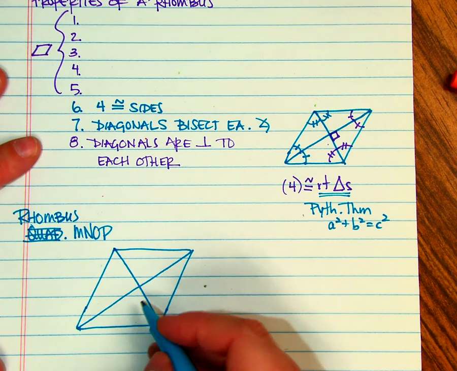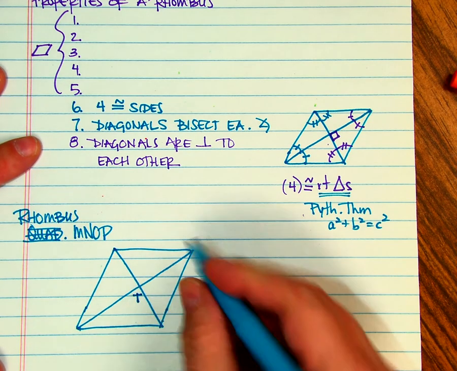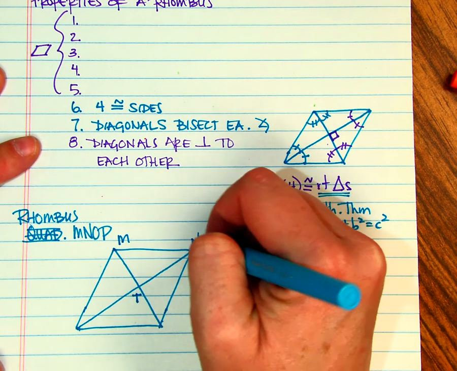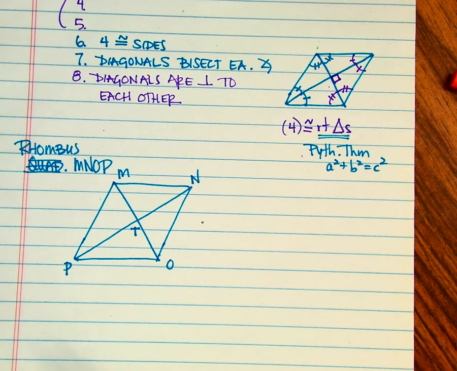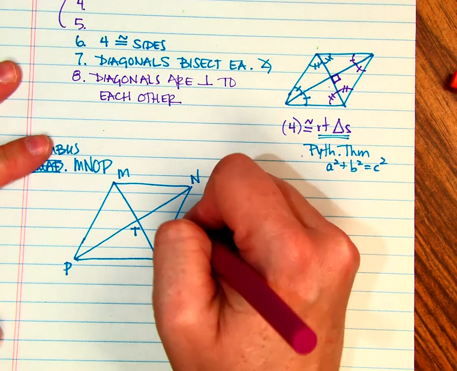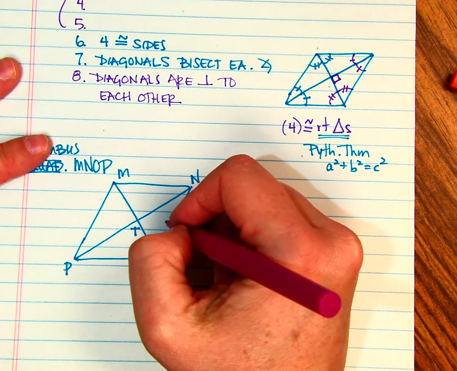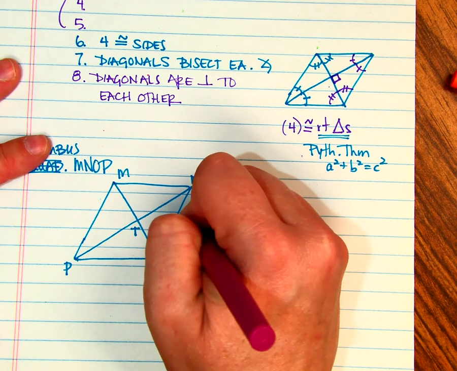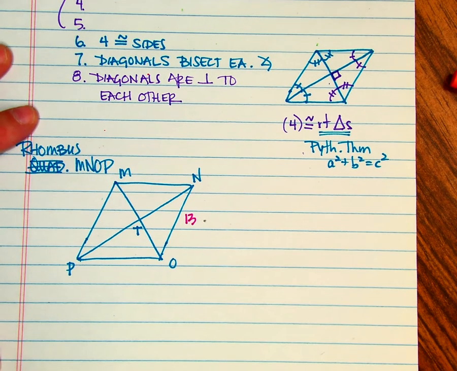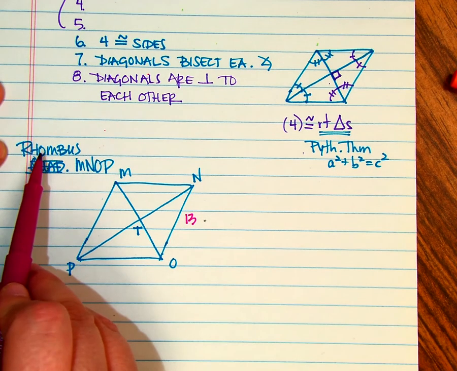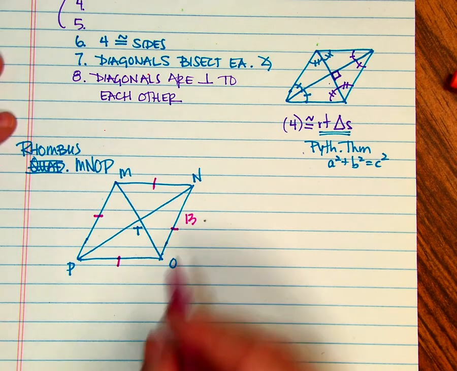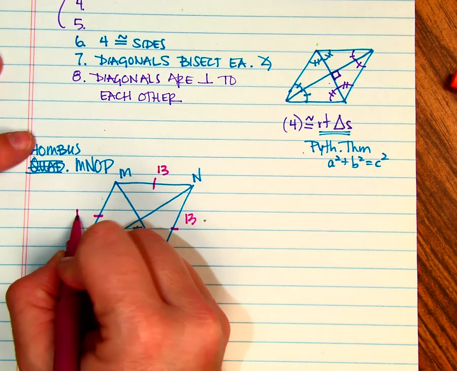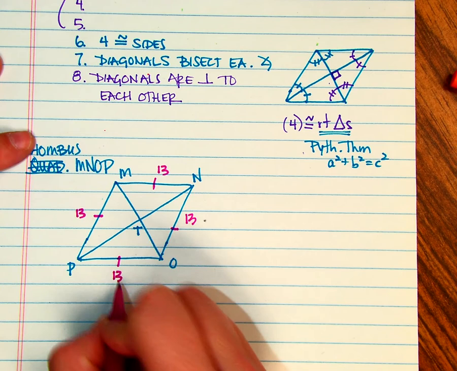And the intersection is going to be T. We have M, N, O, P with intersection T. If I know that NO is, let's make this 13. If I know that NO is 13, because I already know it's a rhombus, all the sides are congruent, so that makes every side also 13.